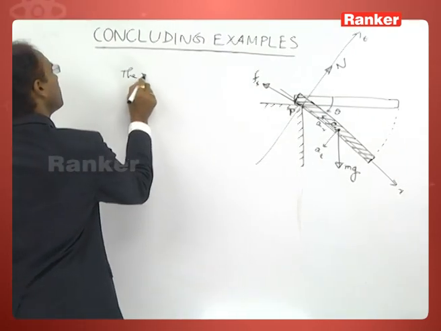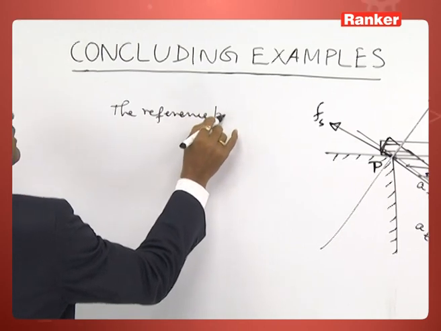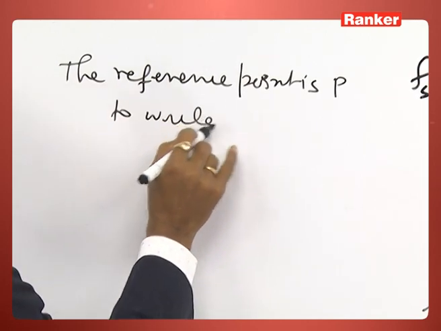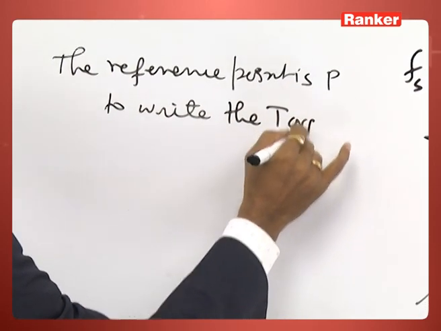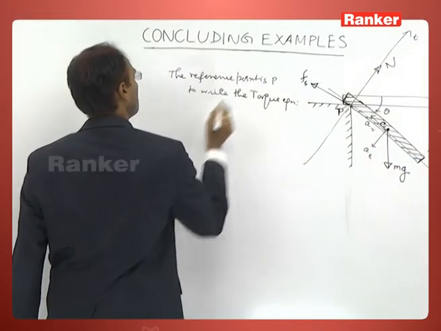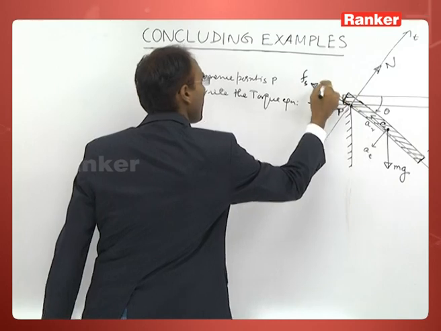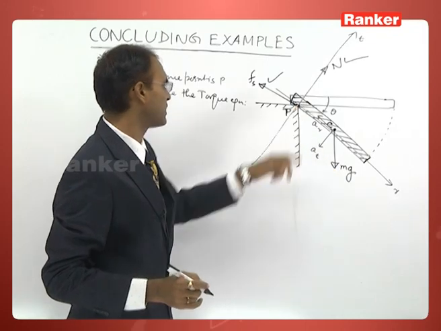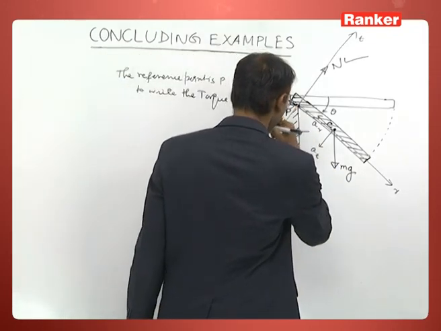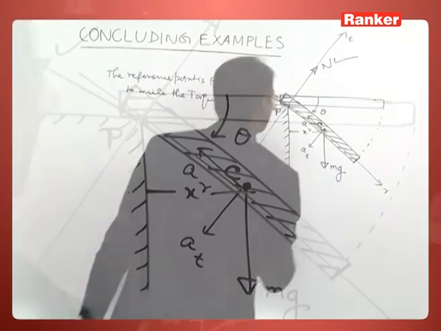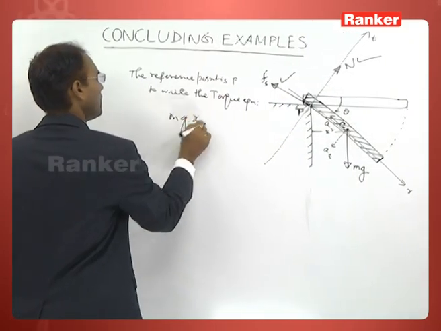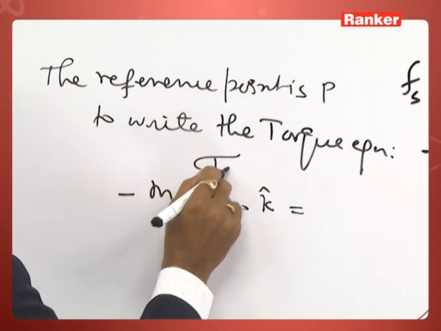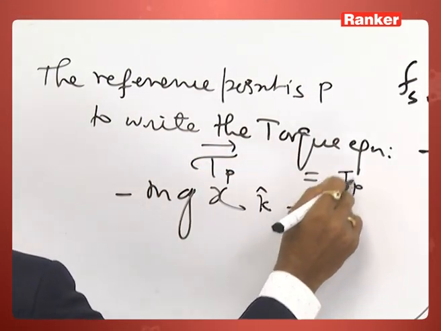The reference point is P. To write the torque equation about this point, these two forces pass through this point, therefore they cannot produce a torque about that point. Only the gravity can produce a torque, and the torque produced by gravity will be equal to mg into x. Which direction? Minus k cap. And this tau p is equal to Ip into alpha.